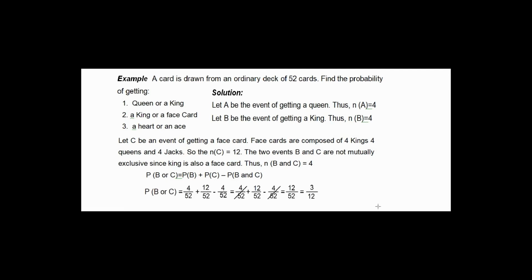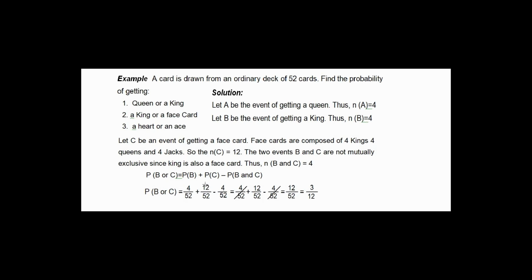Thus, our equation will look like this. P(B or C) is equal to, since B, the king, has 4 kings in a deck of cards divided by 52, plus P(C), which is N(C) over N(S).